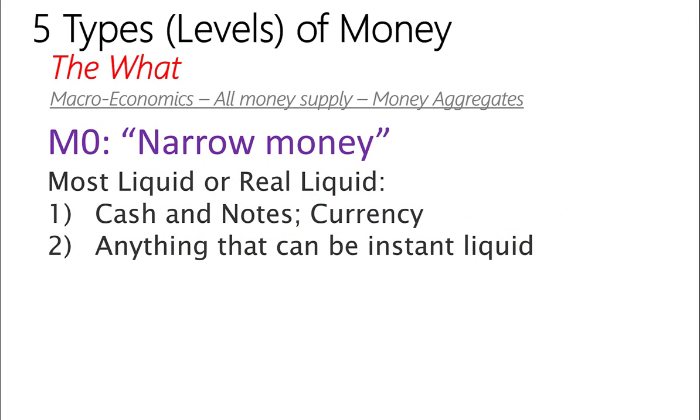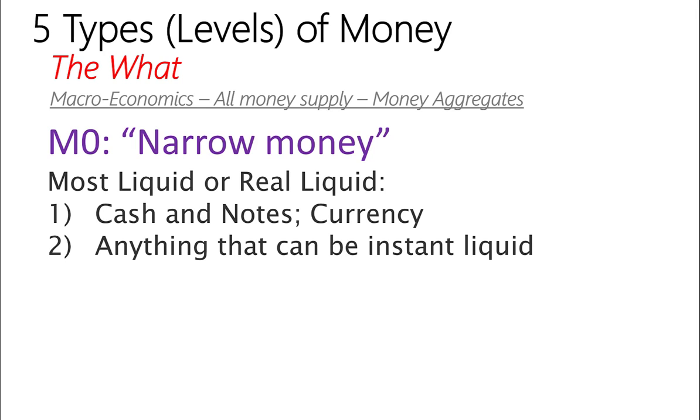All right, so let's get into our money aggregates with M0. This is a classification of narrow money. You'll also find shortly that M0 and M1 are narrow money, and then M2 will be referred to as broad money, and then we'll see that M3 is near money.